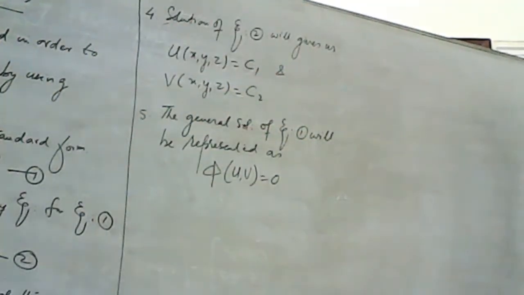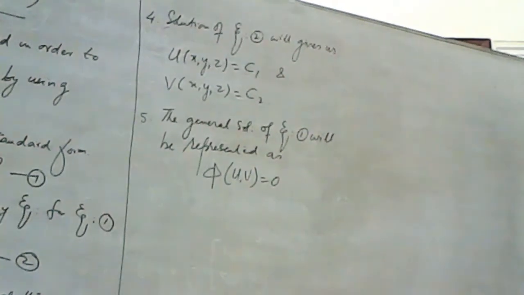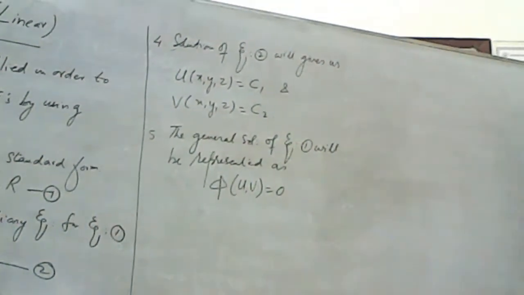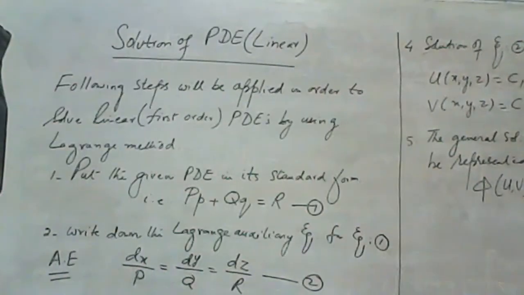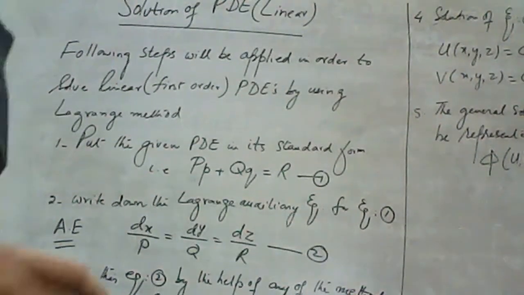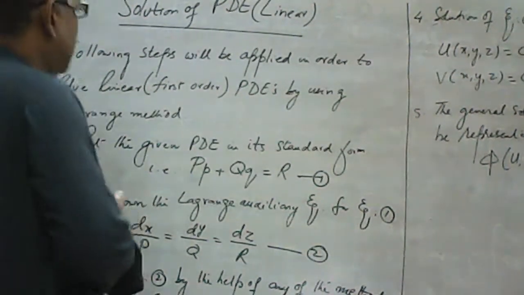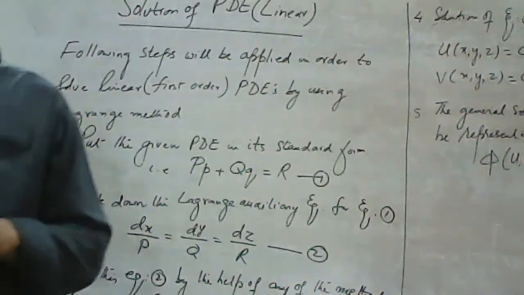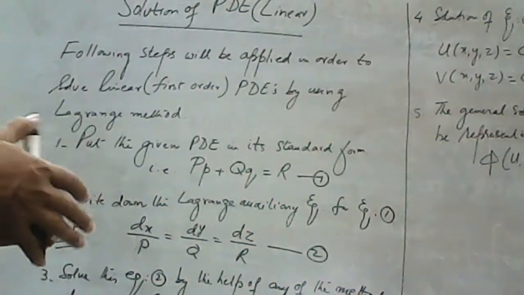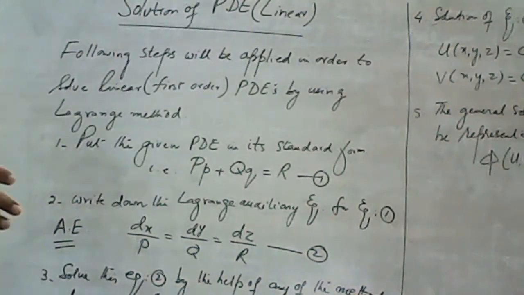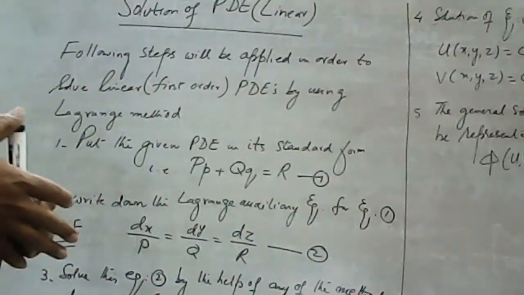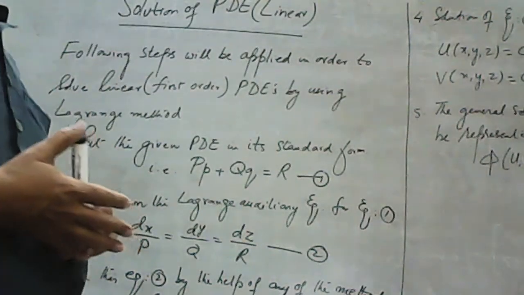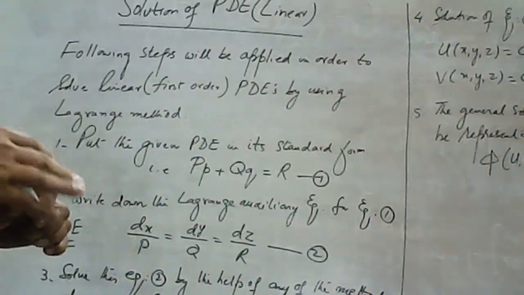These are the 5 steps that will be followed once we need to solve any first order, first degree PDE. So now I will consider an example and apply all these steps one by one, and we will go through many examples so we have a good understanding of how these steps will be applied.